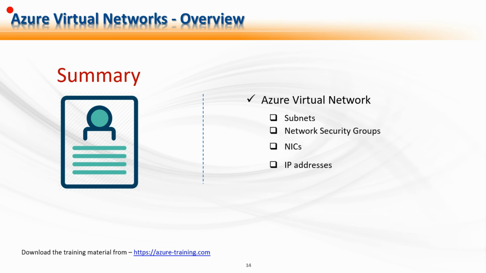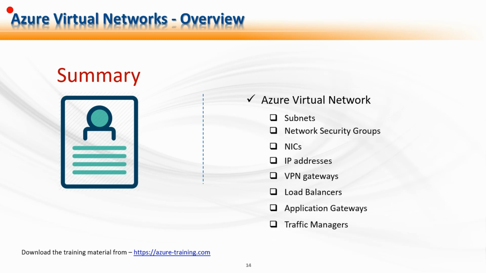I know this has been a little overwhelming today because this was more of a theoretical session. But in summary, what have we learned today? We learned about the Azure Virtual Network and the components that are part of that virtual network, which include the subnets, the network security groups, the network interfaces, IP addresses, and the VPN gateways.